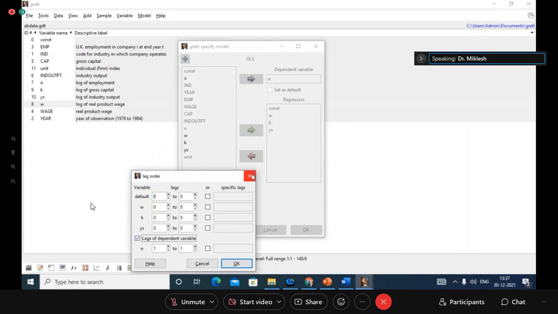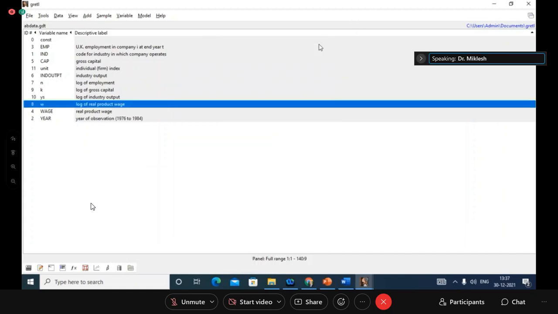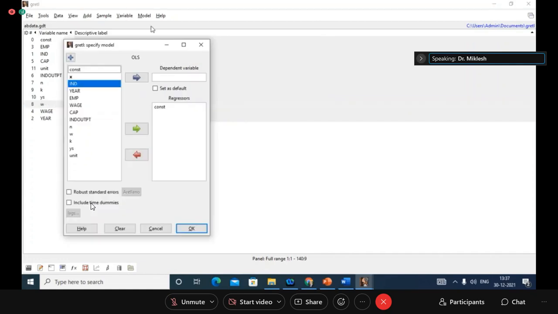Again, I'm repeating what I'm going to do. I'm going to apply the pooling method. It means pooled regression. It means OLS. How? Go to model, click on ordinary least squares, and then put your DV here, IDV here, and then click on lags.